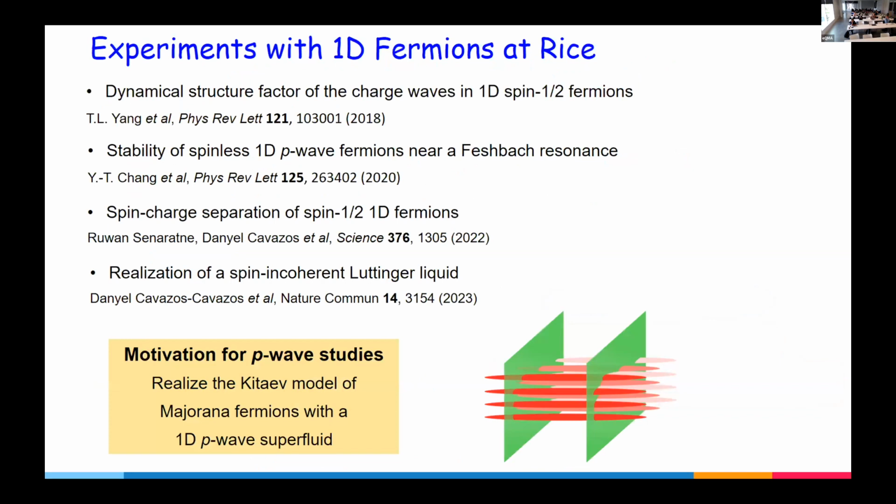We're also doing P-wave experiments, and I'm almost done, where we're trying to realize the Kitaev model that contains Majorana fermions at the end of the wire. So this is the motivation for much of our work, to be able to see this one-dimensional P-wave pairing.